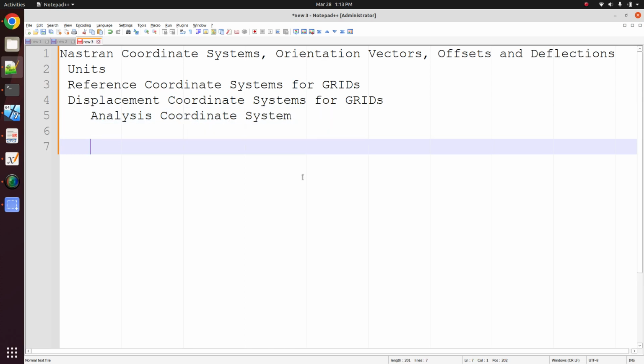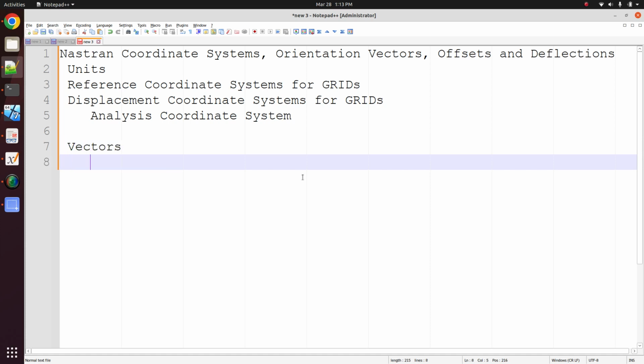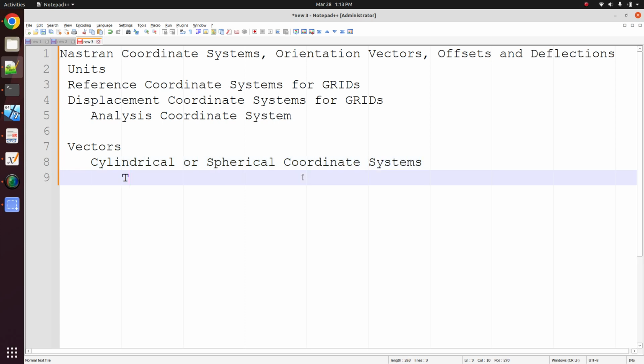We went over vectors. This is very important because for cylindrical or spherical coordinate systems, the same vector, here I'll just use this example, the same vector will have different orientations.